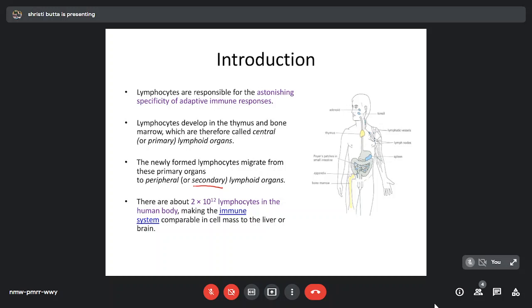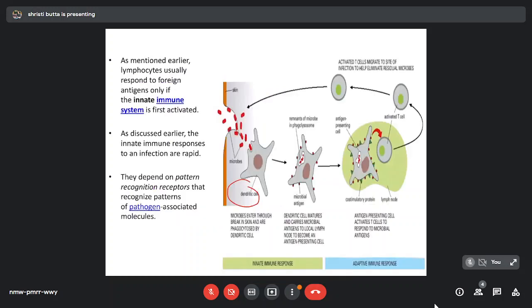As mentioned earlier, lymphocytes usually respond to foreign antigens only if the innate immune system is first activated. So let's see how that happens. We already know that microbes enter through skin or mucosa, and there onwards the dendritic cell matures and carries these microbial antigens to local lymph nodes to become antigen presenting cells.